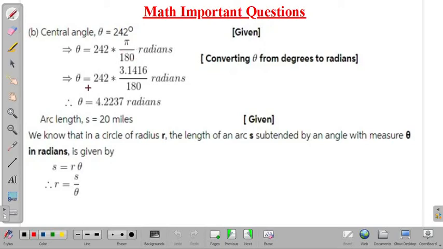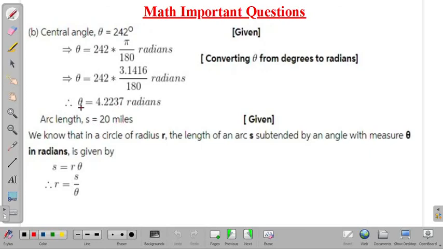Theta can be calculated as 242 into pi by 180, and the value of pi we know as 3.1416, which is the approximate value, and so we will get theta equal to 4.2237 radians. Arc length is given as 20 miles.